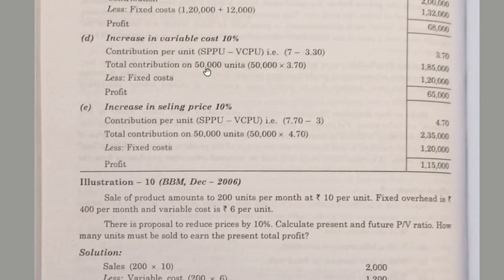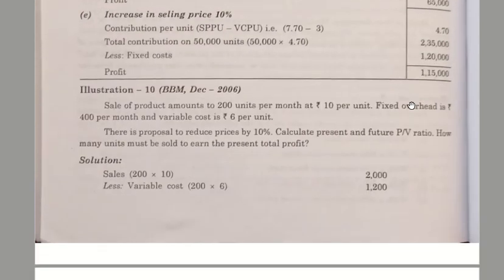Contribution per unit is selling price per unit minus variable cost per unit, so 7 minus 3.30 is 3.70. So total contribution on 50,000 units is 50,000 into 3.70, which is 1,85,000, less fixed cost of 1,20,000. So profit is 65,000.